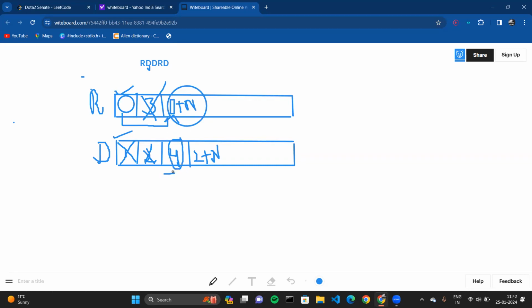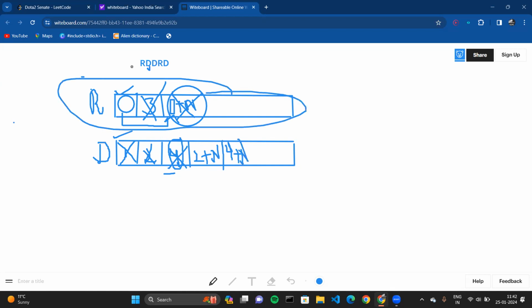So 4 is less than n, so this will be popped and 4 will be pushed. So in the end, who won? This queue becomes empty, so the winner of this problem will be Dire. In this way, the solution of this problem was Dire.